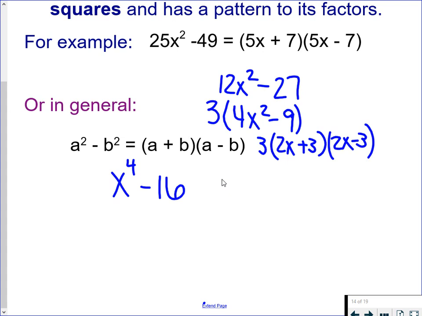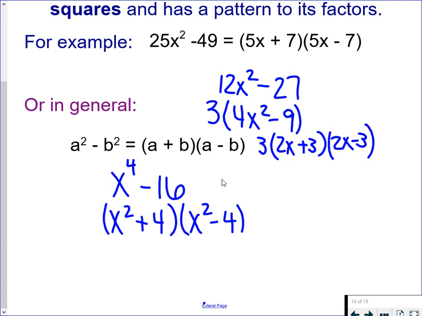Can you still find difference of squares there? Yeah, okay. Well, what's the square root of x to the fourth? X squared, and the square root of 16. So x squared plus 4 and x squared minus 4. Am I done?